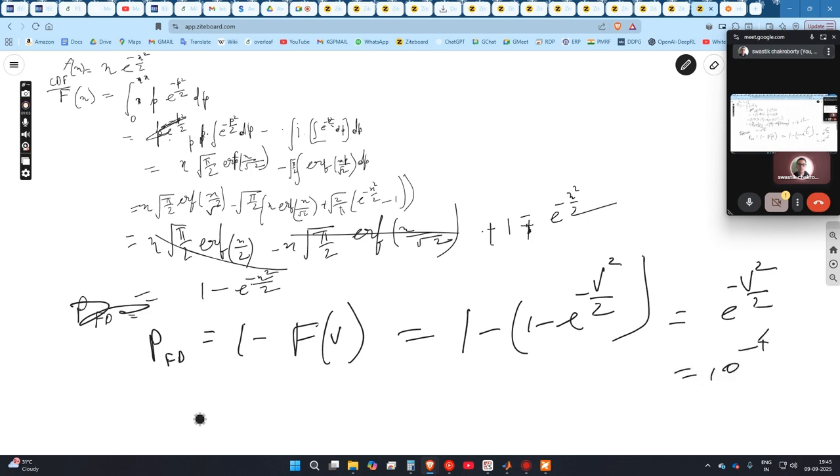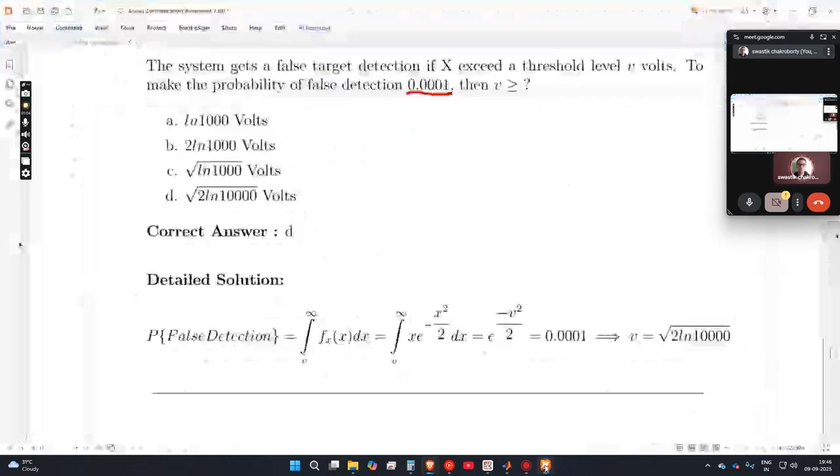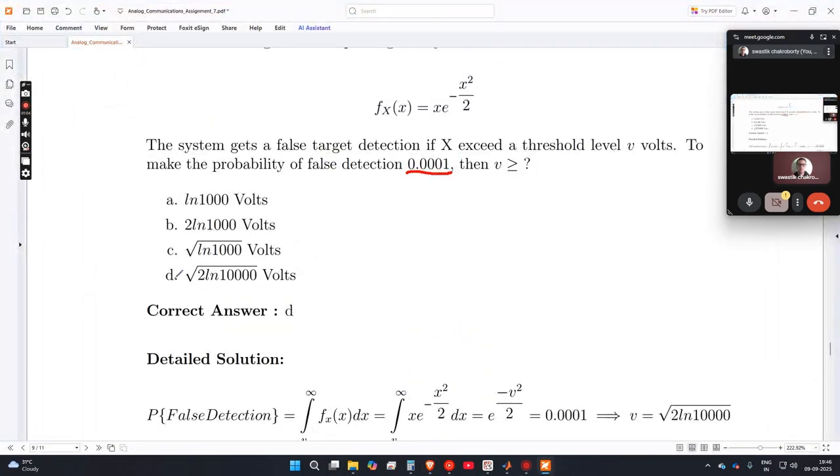If you take ln on both sides, minus v square by 2 is equal to minus 4 ln 10. So v is root of 8 ln 10. You just do the calculation, 8 into ln 10, square root of that, and it gives 4.3. So 4.3 volt. If the noise is detected to be more than 4.3 volt, it will lead to a false detection.